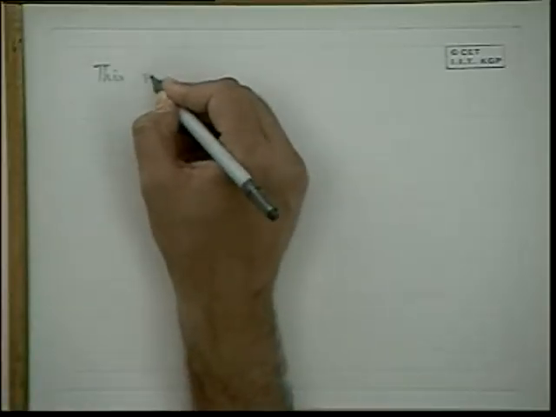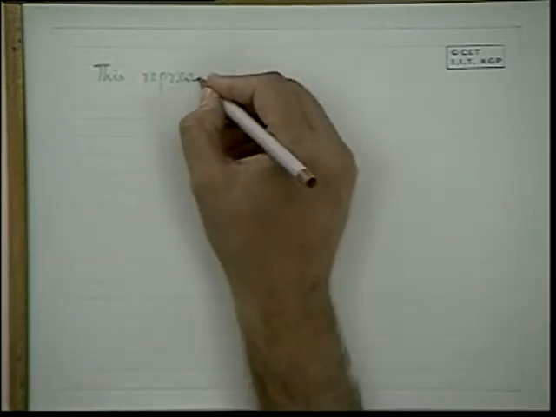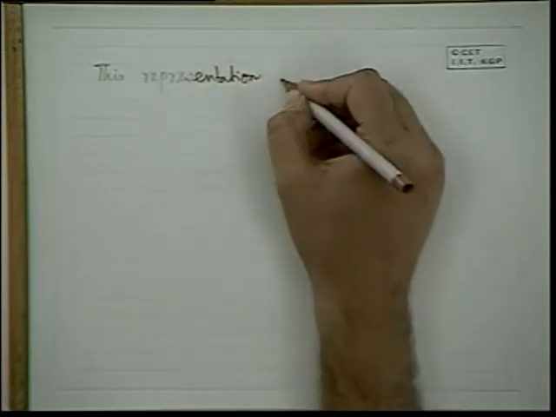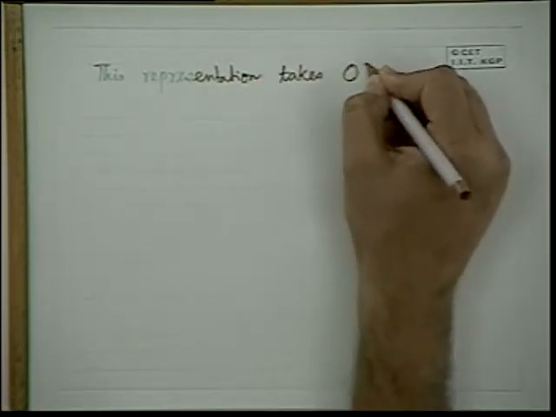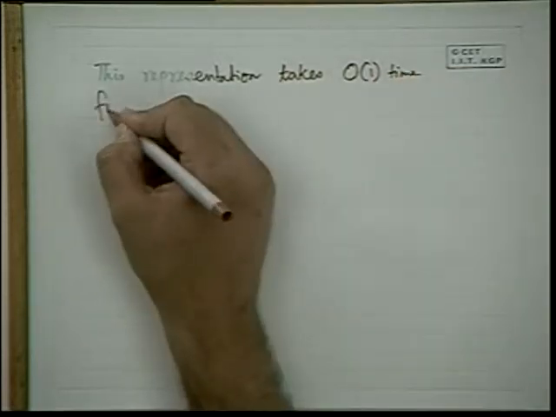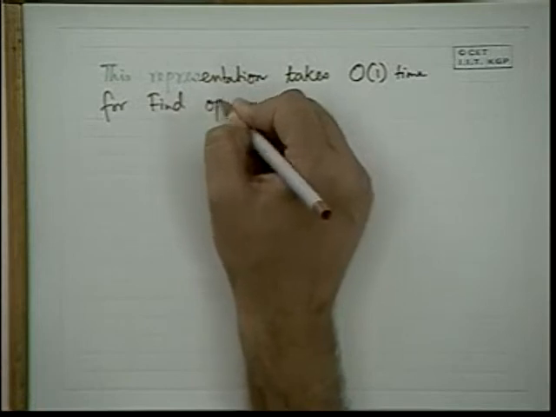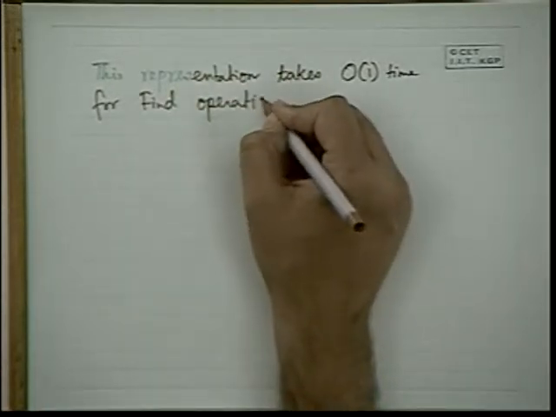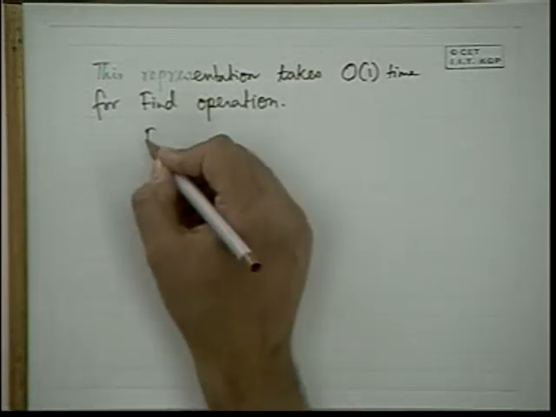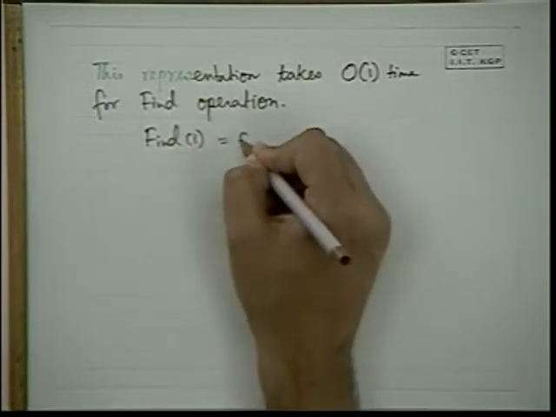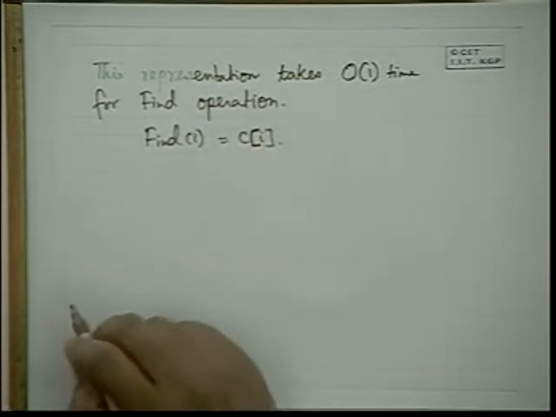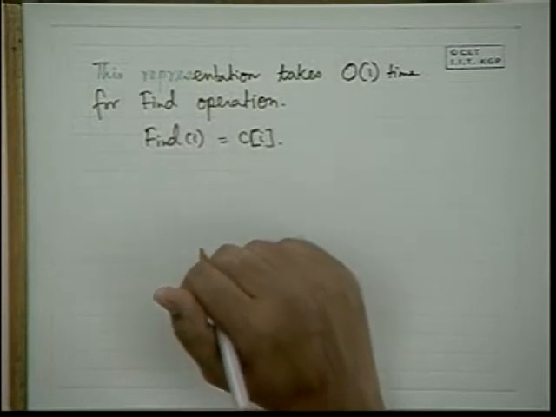So this representation takes order 1 time for find operation, because find I is equal to nothing but C of I.